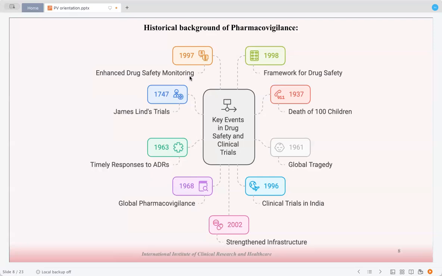Then in 1998, pharmacovigilance was initiated in India, the framework for drug safety. Next, in 2004 to 2005, India launched the National Pharmacovigilance Program. In 2009 and 2010, the Pharmacovigilance Program of India, PvPI, started. So this is all about the historical background of pharmacovigilance.